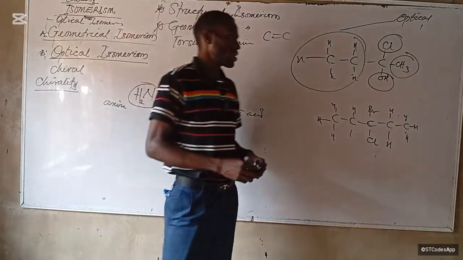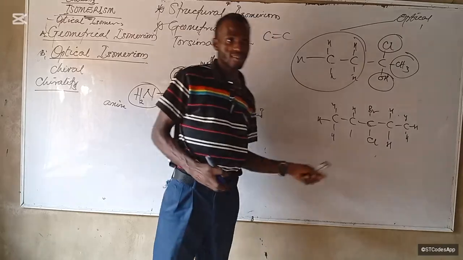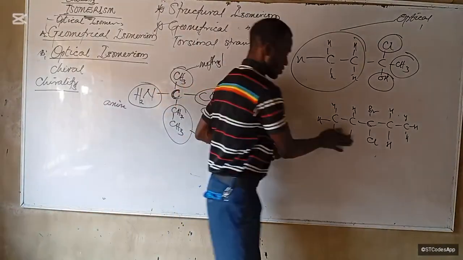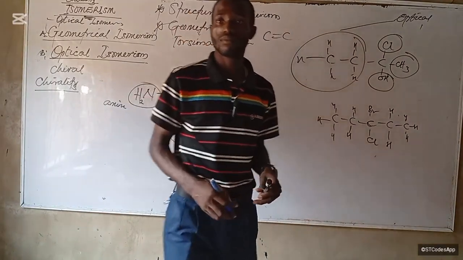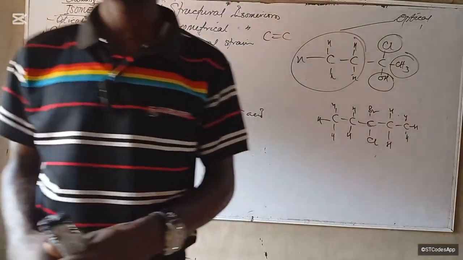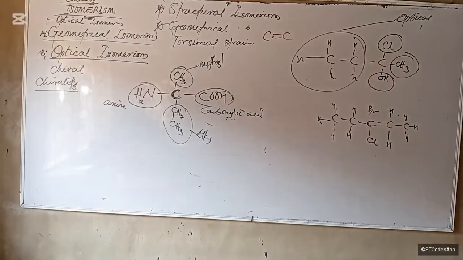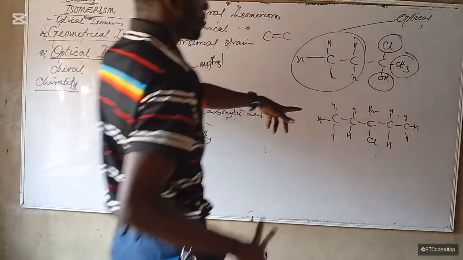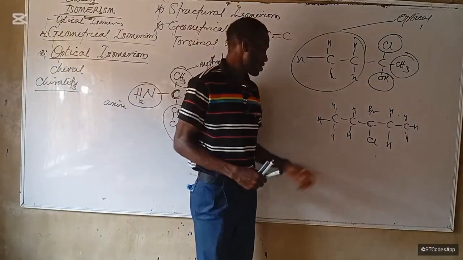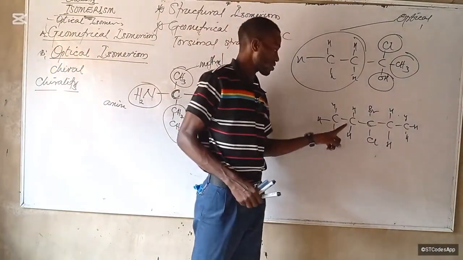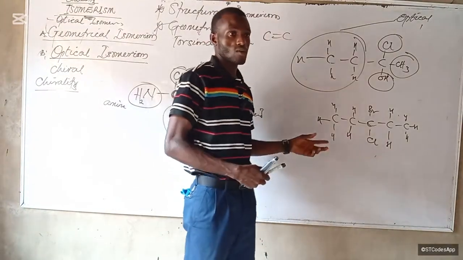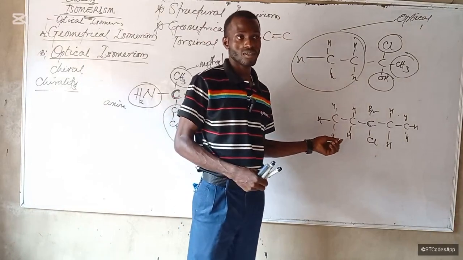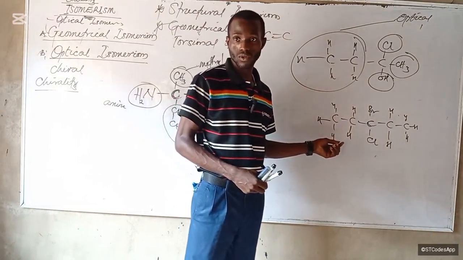Now, is there a chiral carbon here? What's the chiral carbon? Is it carbon 1? The third carbon is chiral. Okay, let's analyze. Who agrees it's chiral? You don't agree, Tolu?